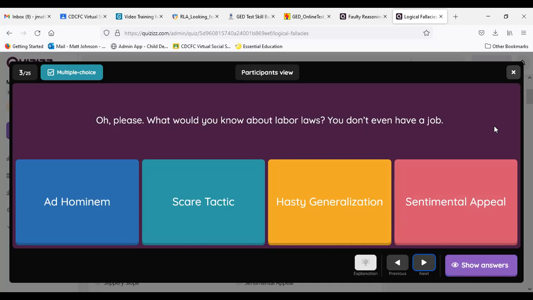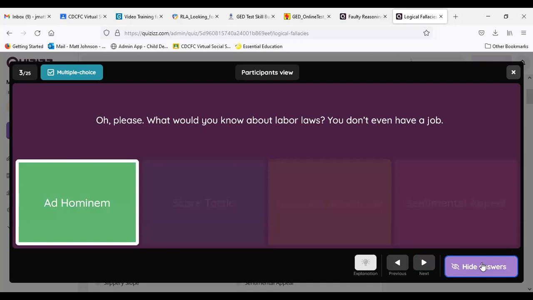Is it the hasty generalization? I think it's going to be an ad hominem attack again. Let's see. Yeah, so ad hominem. The point being made there is, right, this person's like, oh, what would you know about labor laws? You don't even have a job. Well, that person might be studying law, right? They might be studying labor law.